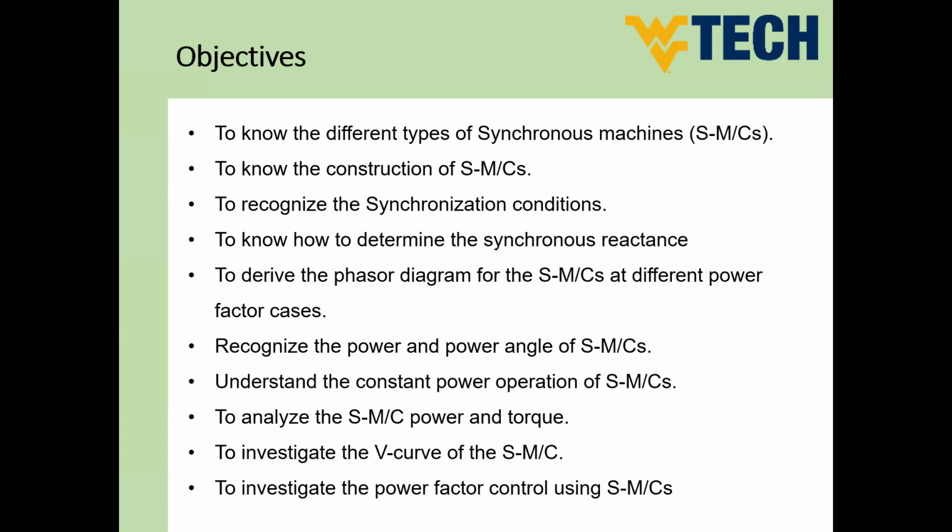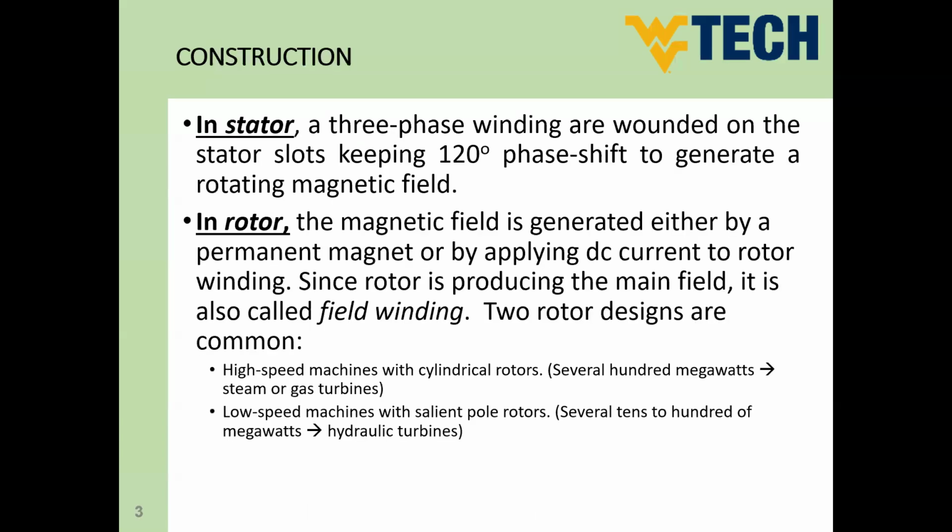So let's start today with the introduction to our machine. Like any rotating machine, we will discuss the construction. We have linear machines and we have rotating machines. We will discuss only the rotating machine in our class.